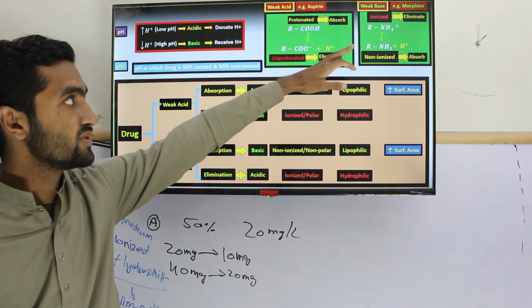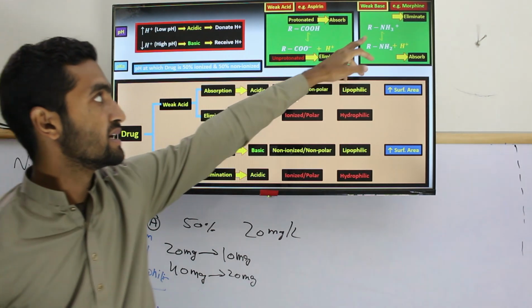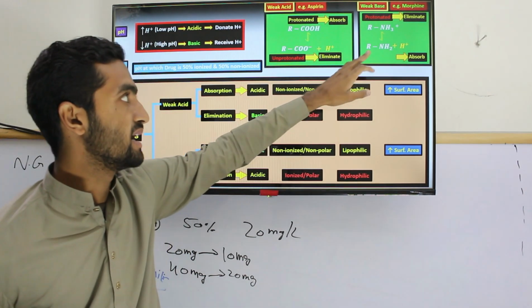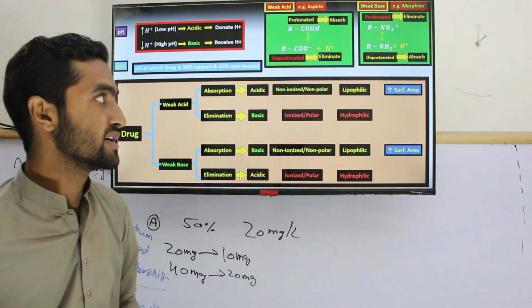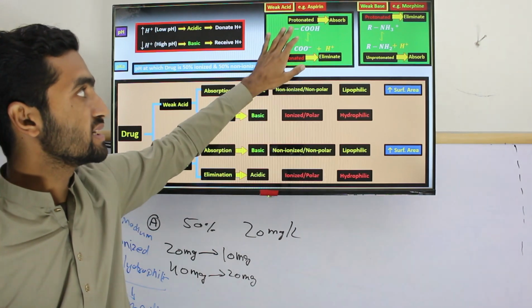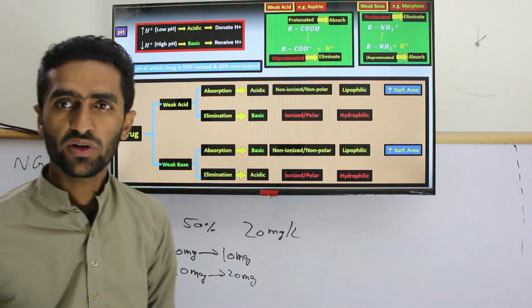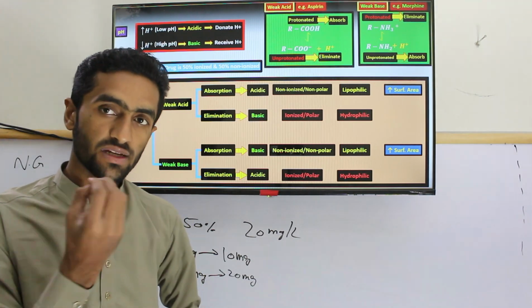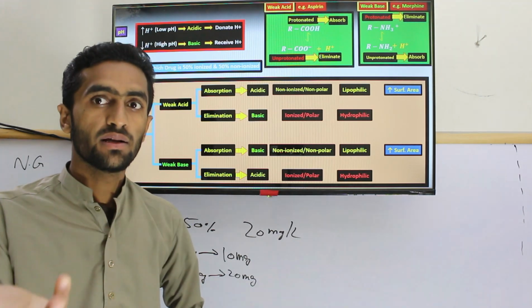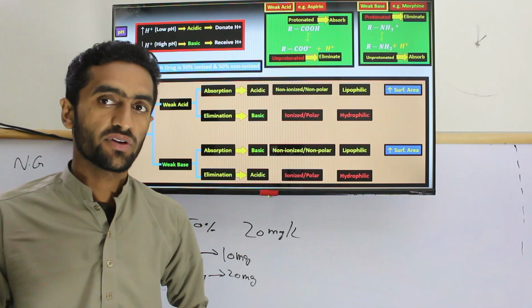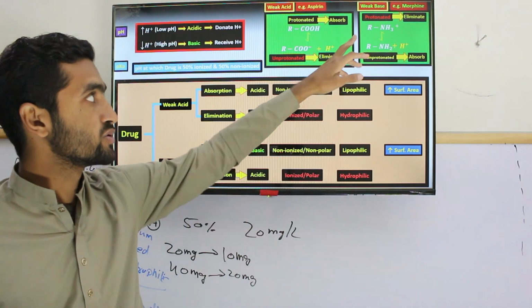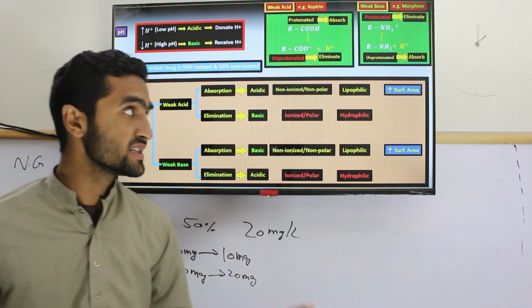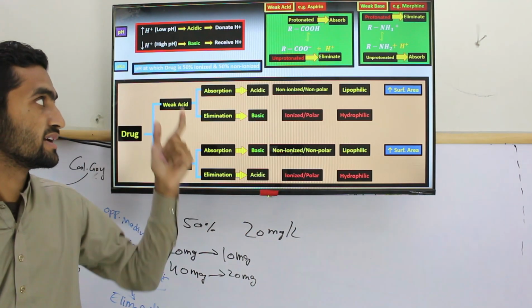Protonated means the hydrogen ion is added, present. So for acidic drugs, the unprotonated form is absorbed, while it is opposite for basic drugs. The protonated form of your basic drug will be eliminated. Very simple, so just think about that.